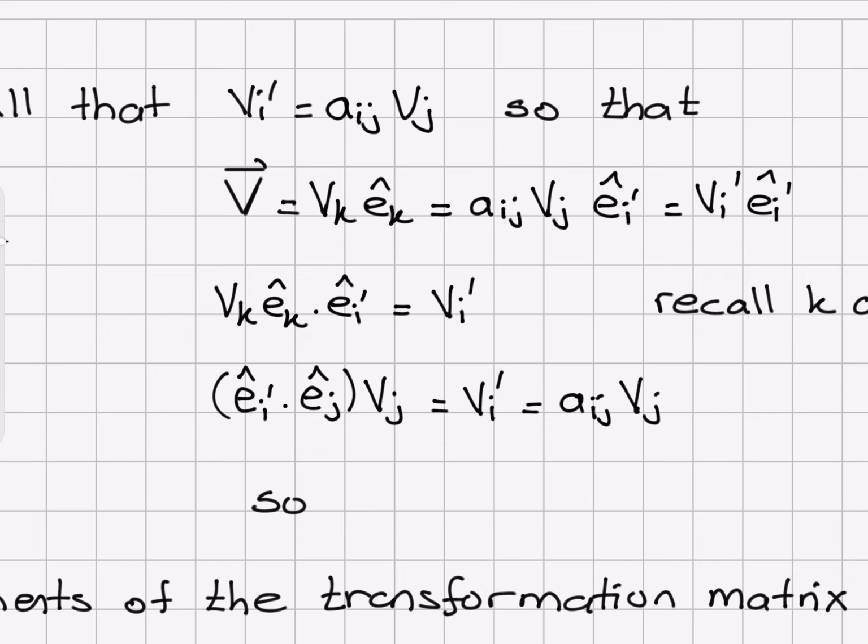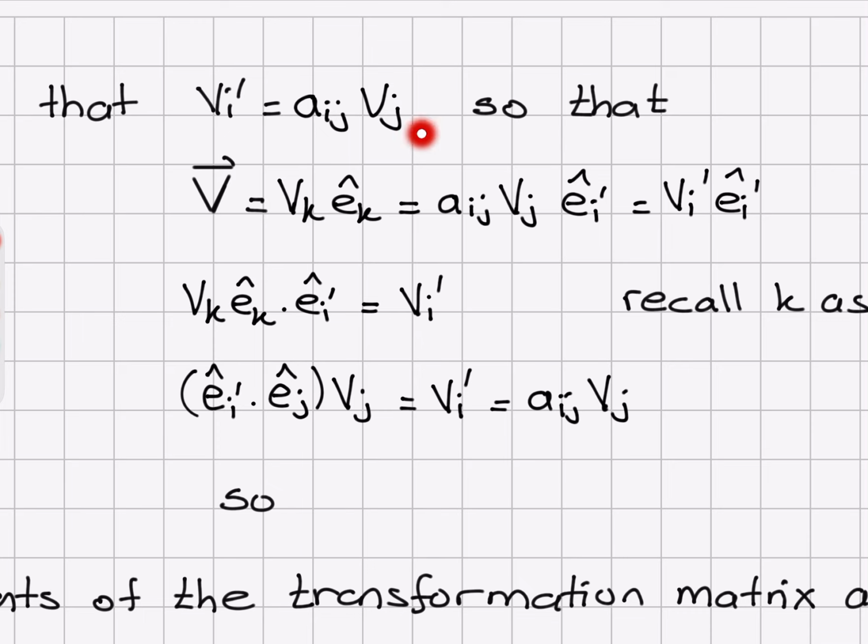All right. So what I have done here is I've taken this equation and taken the dot product with e_i prime. When I take the dot product, e_i prime dot product with e_i prime gives me 1. So this is v_i prime here. Here I have v_k e_k hat dot product with e_i prime, or if I call k as j, it's v_j e_j hat dot product with e_i prime, or e_i prime dot product with e_j hat, and this gives me v_i prime, and v_i prime is A_ij v_j, as you know.